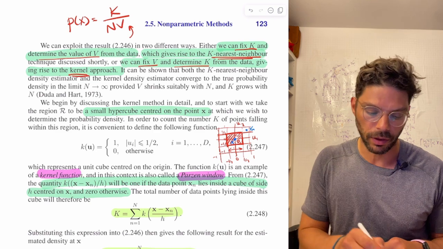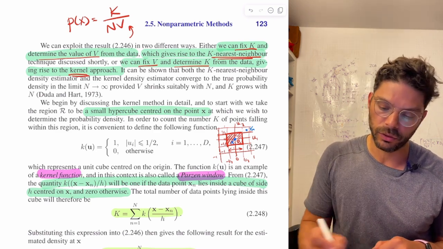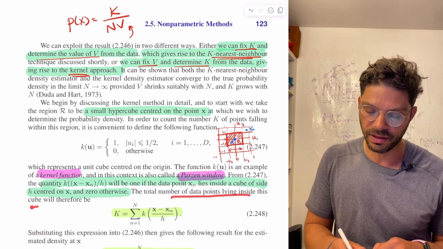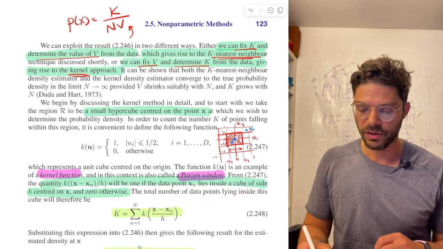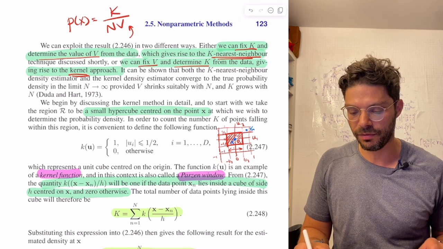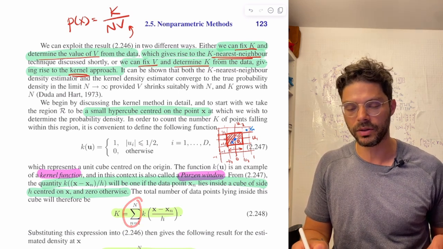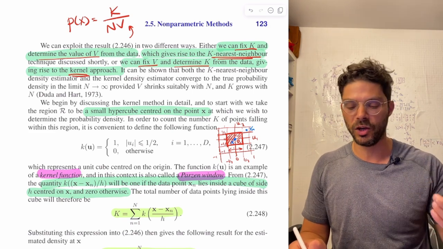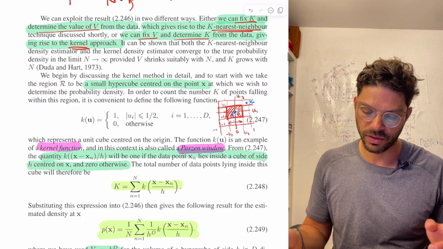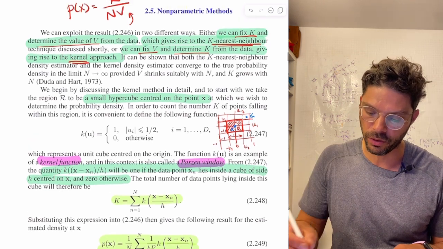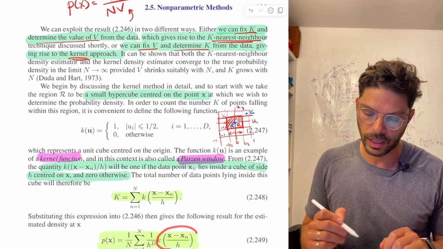The total number of data points lying inside this cube will therefore be a sum. X is fixed, and we're essentially just counting, summing over each one of the data points, scoring 1 if it's within that cube, 0 otherwise. Now we substitute this expression into equation 2.246, so there it is.